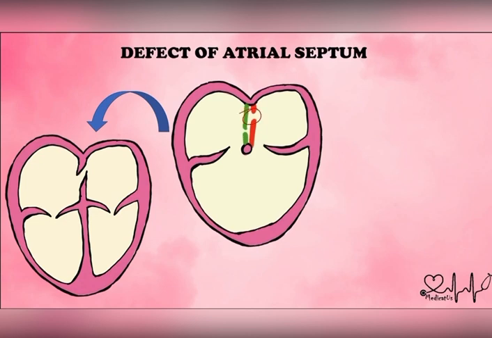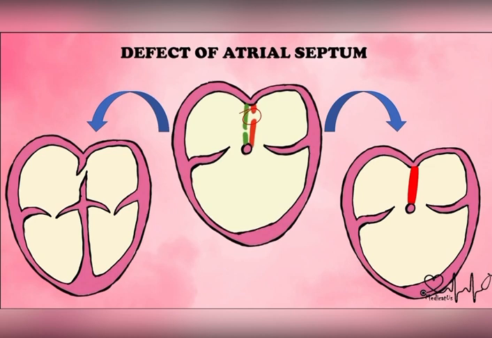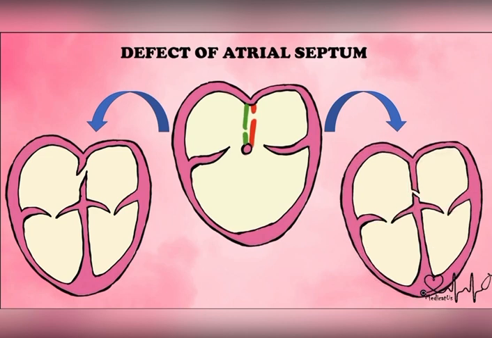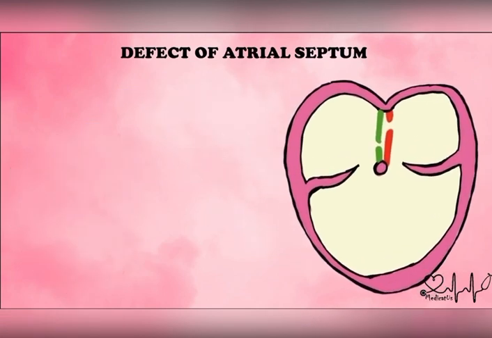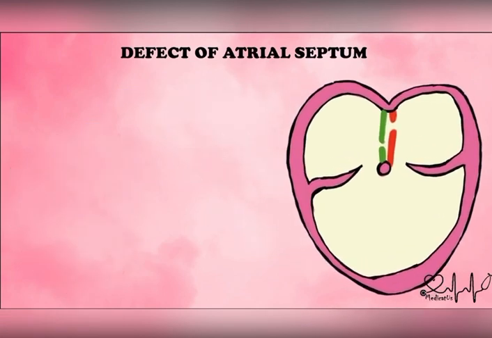If the septum secundum fails, then it will lead to secundum ASD, which is 90% of all ASD. But sometimes this septum primum fails to grow all the way down, which may lead to primum anomalies. Now there is one more atrial septal defect.